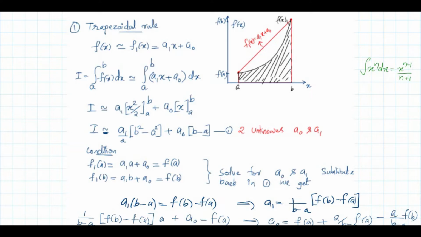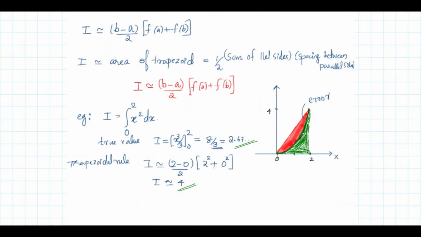In mathematics, a shape with four sides in which two sides are parallel is known as a trapezoid. For a trapezoid, the standard equation for finding area is the sum of parallel sides times the distance between them. Here the parallel sides have heights f(a) and f(b), so the sum of parallel sides is f(a) plus f(b), and the distance between parallel sides is b minus a, divided by 2.